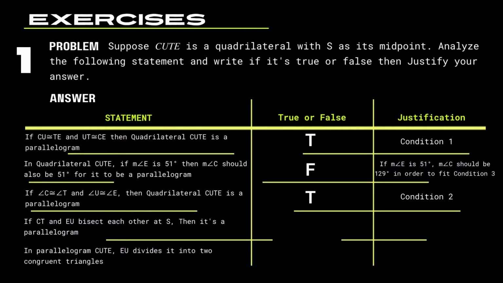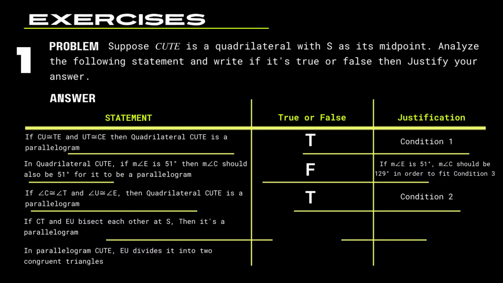Now, on to statement 4, which says if segments CT and EU bisect each other at S, then it's a parallelogram. Okay. Stating our given, we have CUTE is a parallelogram and S is its midpoint. Now, visualizing this, we'll have CT and EU as the parallelogram's diagonals.